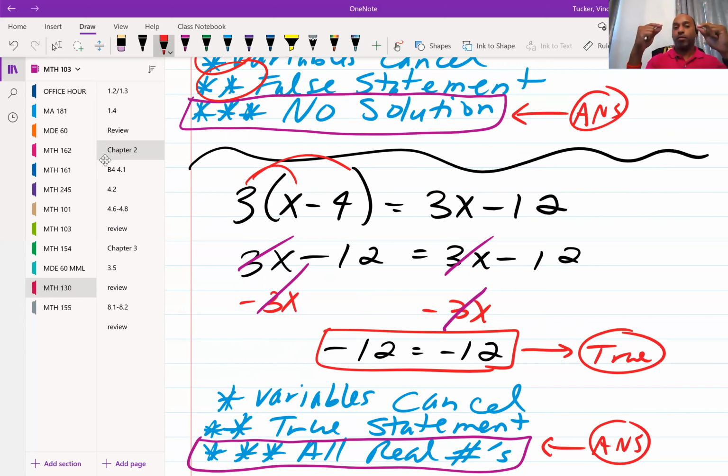But the second thing is what's going to dictate what your answer actually is. If your variables cancel and you have a false statement, in other words, the two numbers are different, then your answer is no solution. But if your variables cancel and you have a true statement, in other words, both of those numbers are the same, then your answer will be all real numbers. That means anything you plug into this equation will be true.